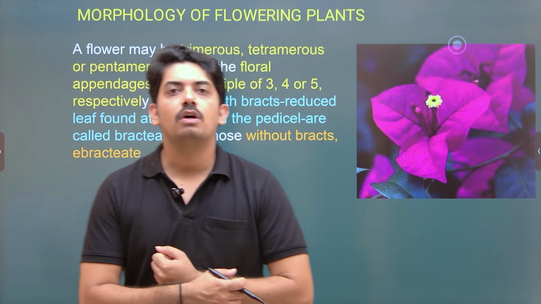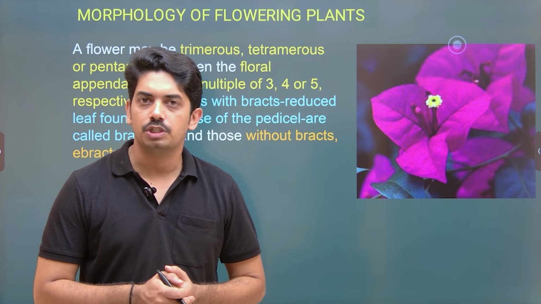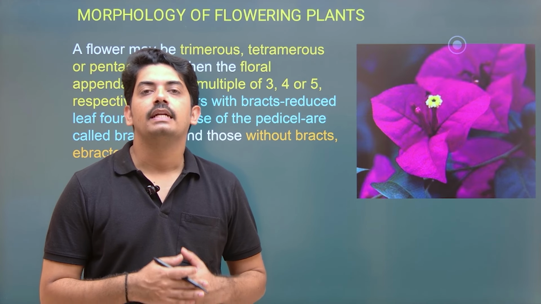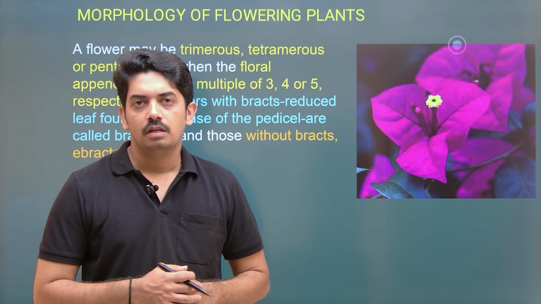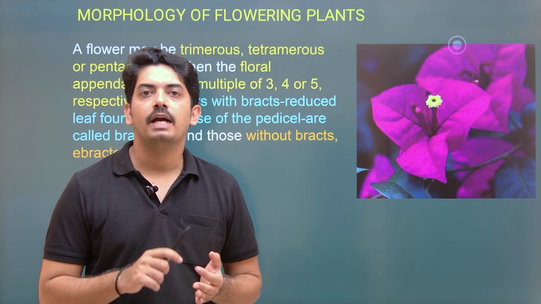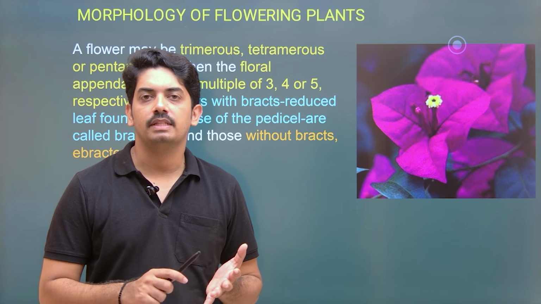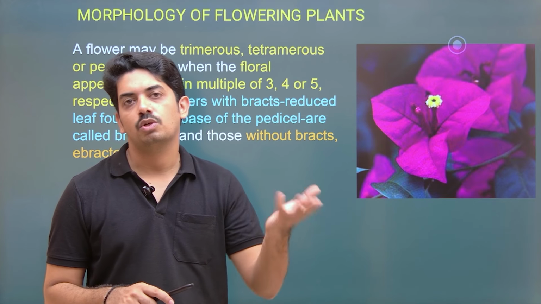Based on the number of calyx, corolla, androecium and gynoecium, flowers can be classified as trimerous, tetramerous and pentamerous flowers. That means if the calyx, corolla, androecium and gynoecium are in multiples of 3, like 3 androecium, 3 gynoecium, 3 calyx, 3 corolla, then it is called trimerous flower.